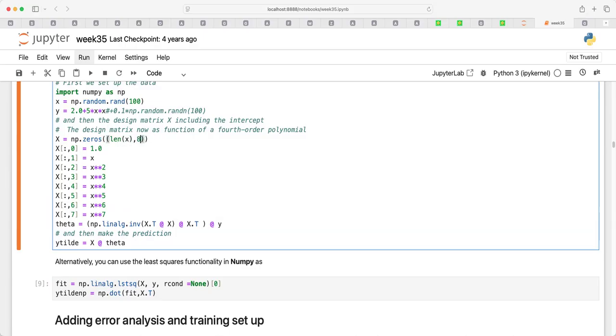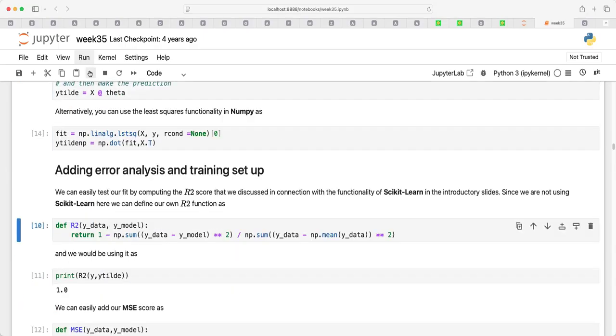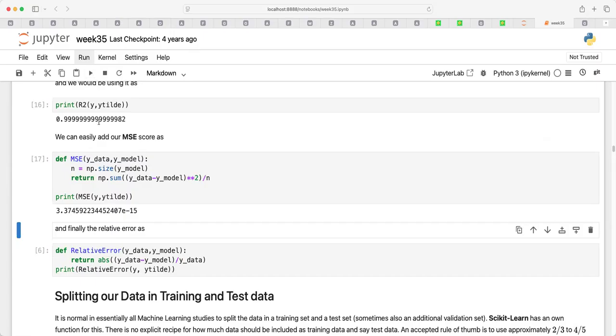So I have 8 columns where I include the intercept. Now, if I want to fit my function, let's just calculate the mean squared error. And now you see this is 10 to the minus 15. What you will see now, if I have 100 points and I go to a 99th order polynomial, is that the mean squared error can become huge. So this is an example of something which we are going to discuss pretty soon, which leads into what's called underfitting and overfitting. Okay?